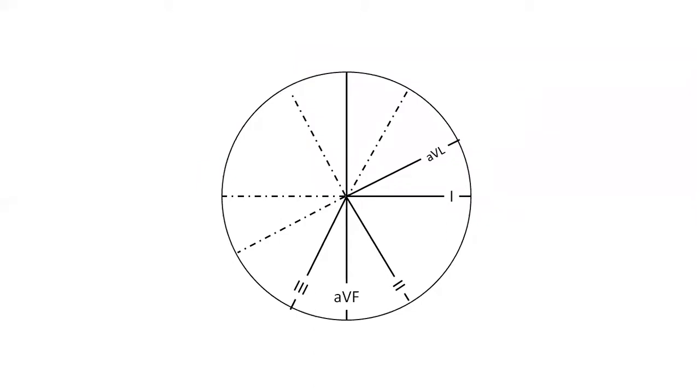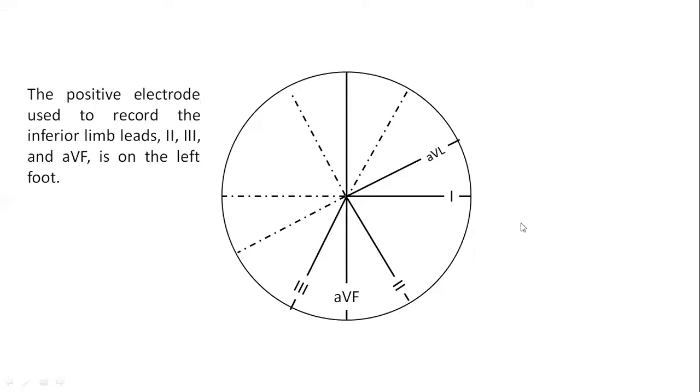Now let us consider this hexaxial system again. You can see the horizontal one is lead 1, and at 30 degrees to the AVF are your lead 2 and lead 3. So lead 2, lead 3 and AVF. In the last class we discussed these as inferior leads, and AVL and lead 1 as your lateral leads.